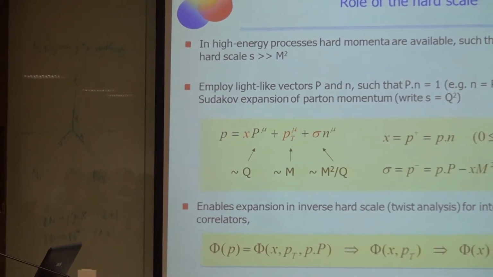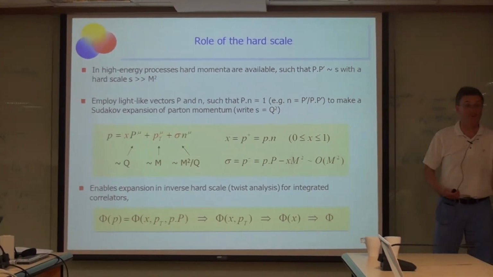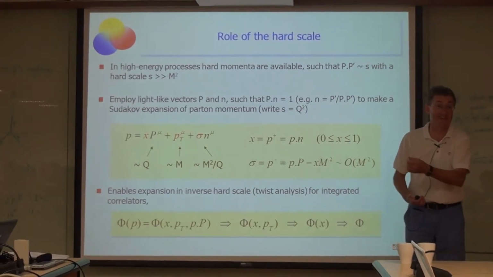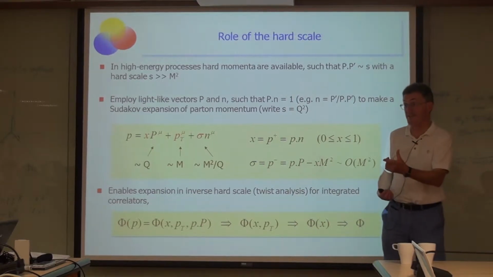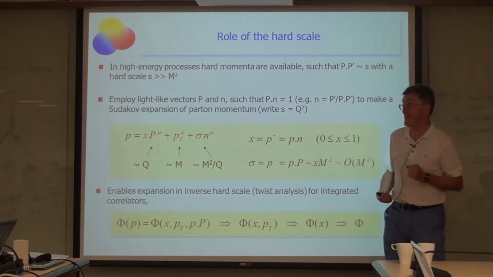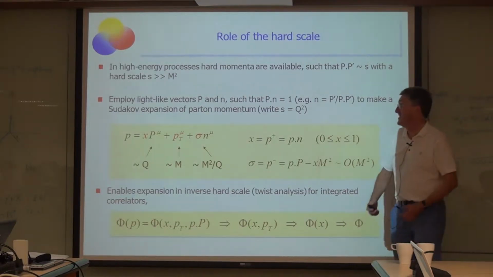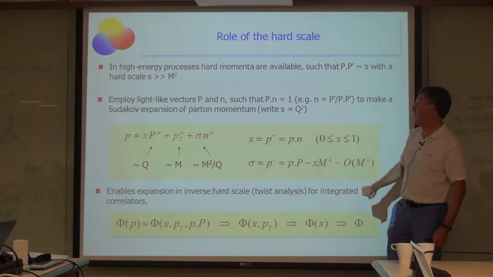Just like you have the time direction, where the time direction squared would be 1, and the space-like direction, only in the 3 direction, whose square would be minus 1, and the inner product of 0 and 3 would be 0. The light-like vectors have the property that plus dot minus is 1, and plus squared and minus squared are 0.